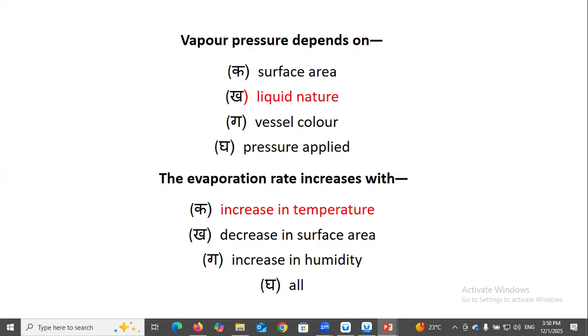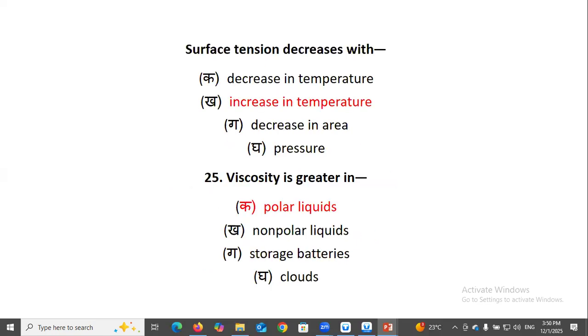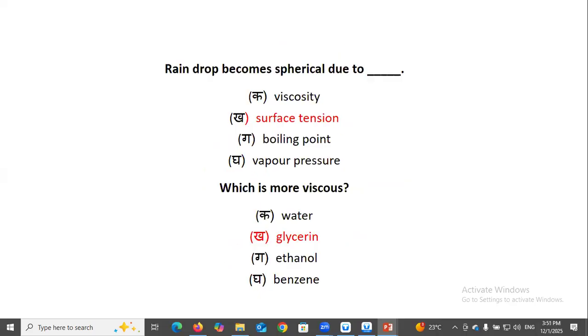Vapor pressure depends on liquid nature. The evaporation rate increases with increase in temperature. Surface tension decreases with increase in temperature. Viscosity is greater in polar liquids.